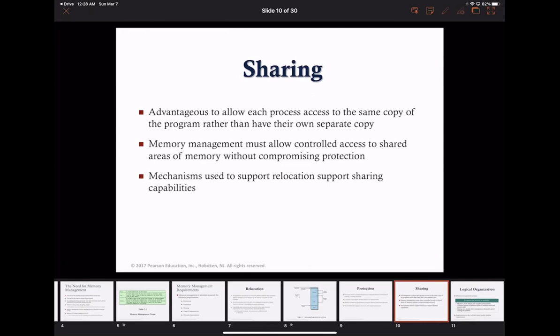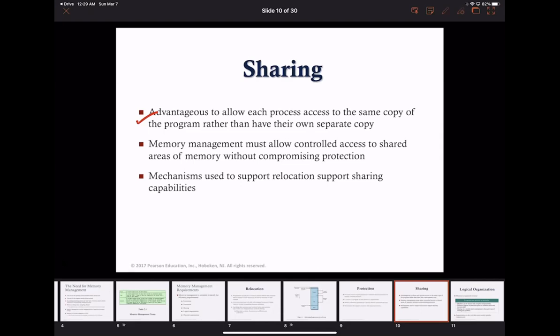For example, if a number of processes are executing the same program, it is actually very good to allow each process to access the same copy of the program rather than have its own separate copy of that program. Processes that are cooperating on some task may need to share access to the same data structure.